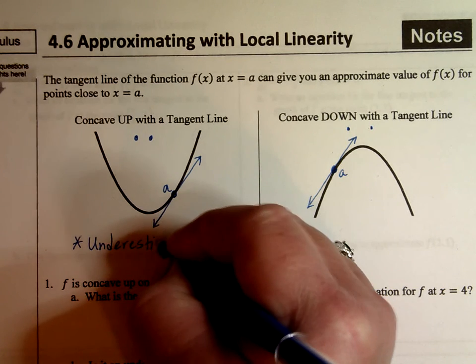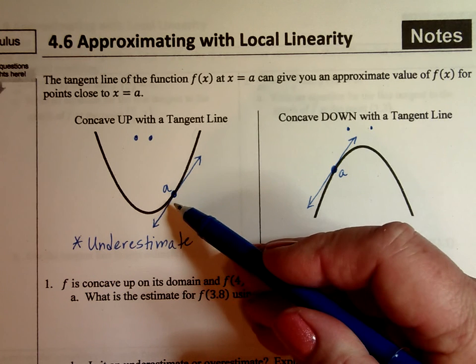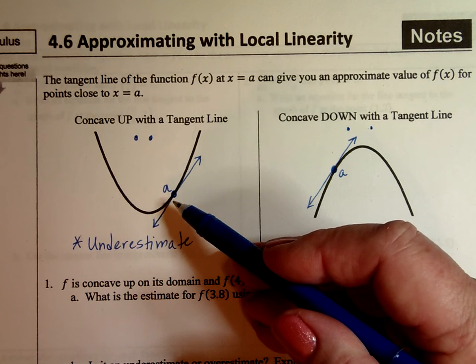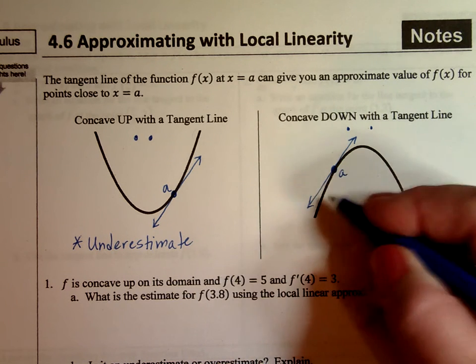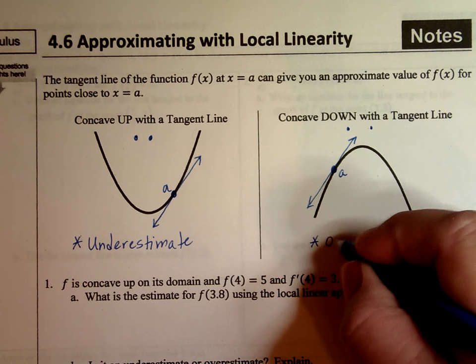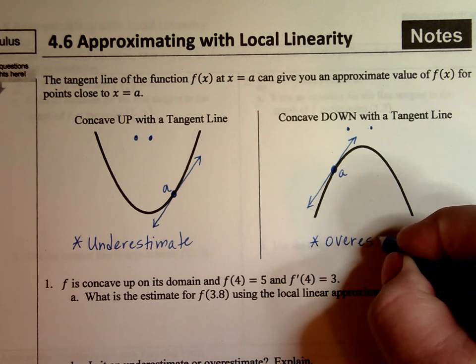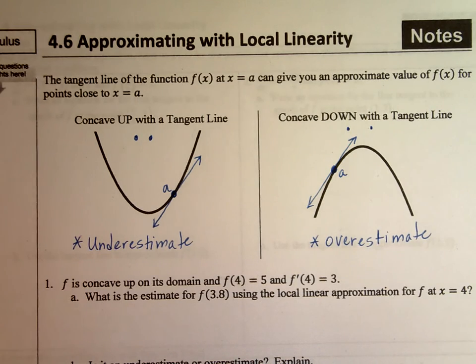The reason why is because your tangent line's below the curve. You're going to get a value that's smaller than the actual value. Where over here, your tangent line's above the curve on concave downs, all concave downs are going to be overestimates. It's going to come up in the problems that we do.